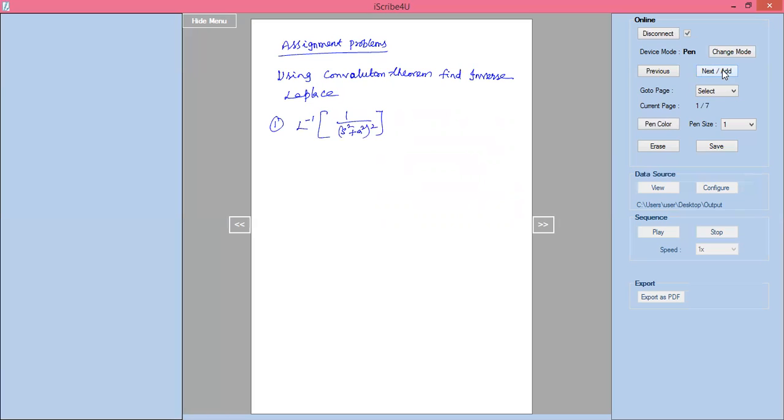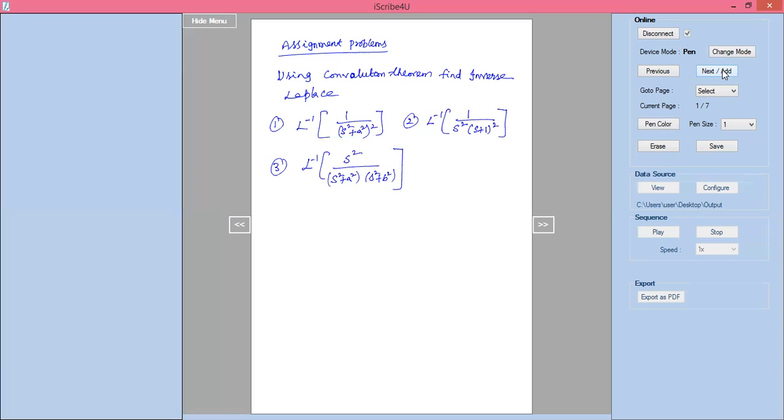The second one should be L inverse of 1 divided by s square into s plus 1 whole square. The third one, you can solve this: L inverse of s square divided by s square plus a square into s square plus b square.